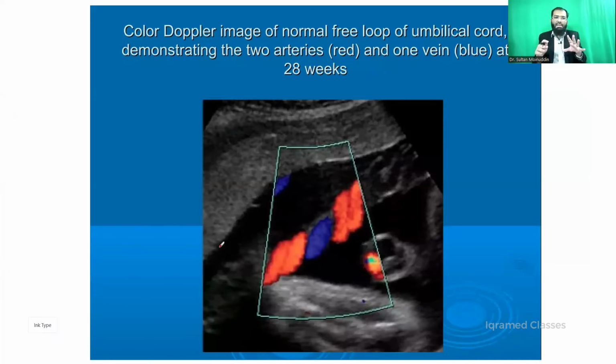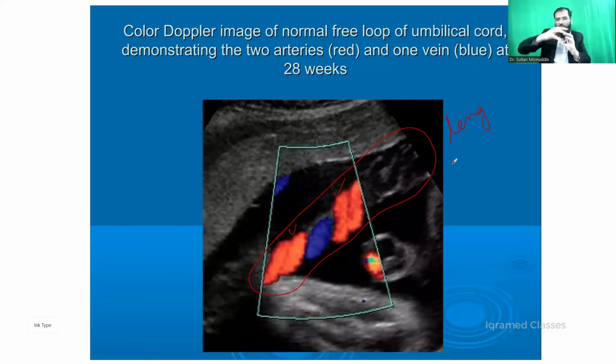Okay. Now see, this is the color image of the free loop of umbilical cord, which demonstrates beautifully two arteries and one vein. Okay. So now what you are seeing is the longitudinal view.